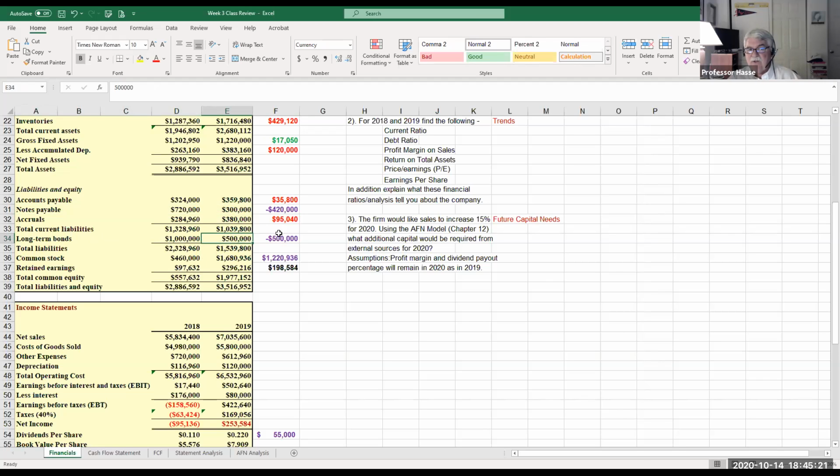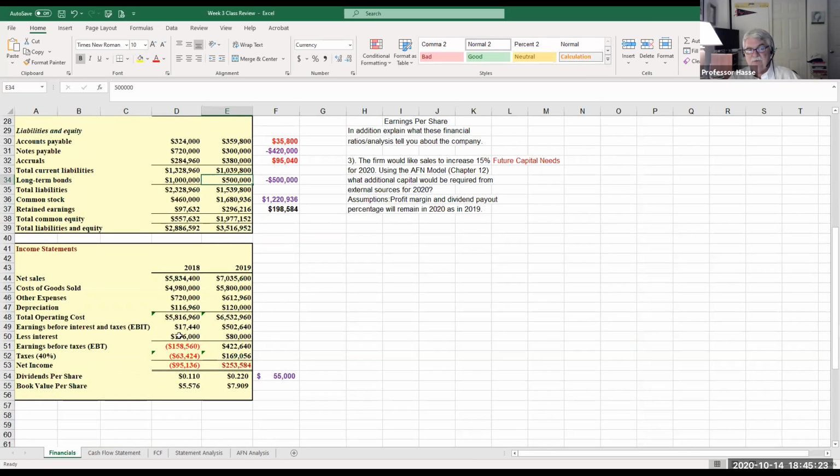But they went ahead and paid off some of this debt because these interest expenses were choking them. Notice they lost money in 2018. One of the ways of alleviating that is they got rid of some of that leverage, reducing their interest expense, their fixed cost, and thus made a little bit more money.